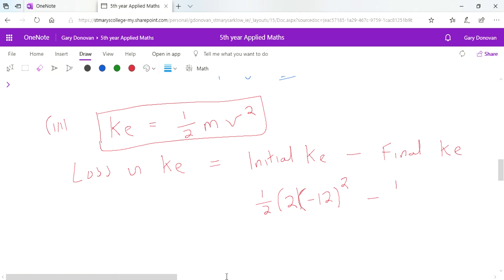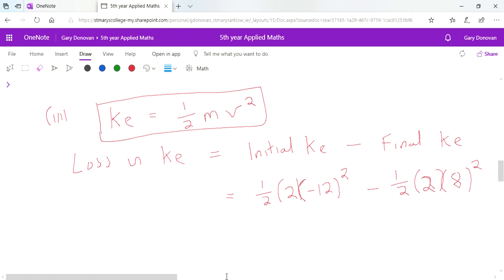Take away its final kinetic energy, a half times 2 times its velocity afterwards, which was 8, so 8 squared. So type that into your calculator and you get 144 minus 64, and that gives you an answer of 80, sorry, the pen's gone, 80 joules.